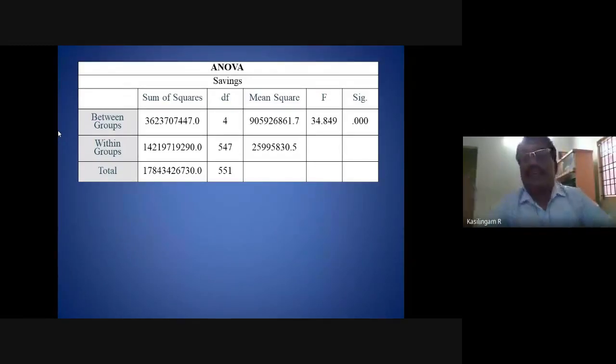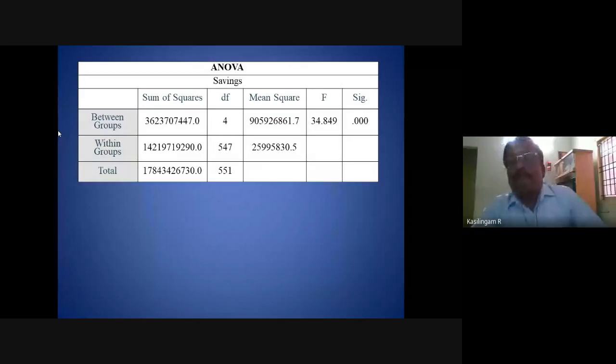Here the significant value is in the last column. The significant value is 0.000. We know that it is less than 0.05, which means we have to reject the null hypothesis.